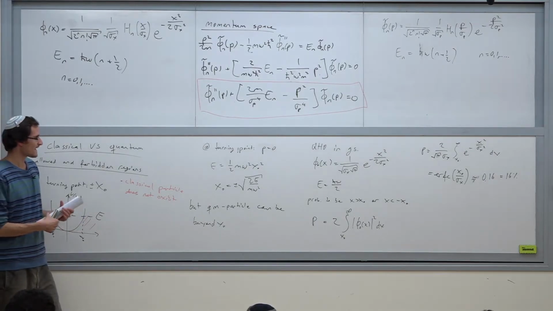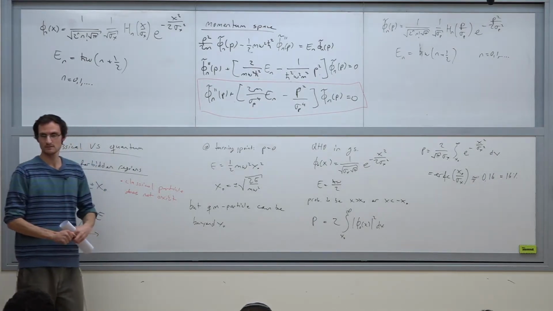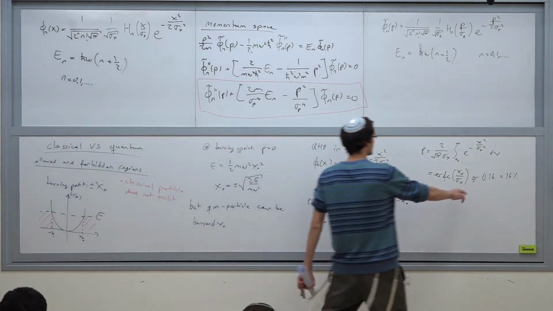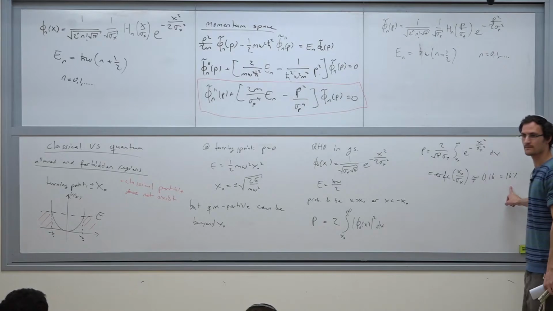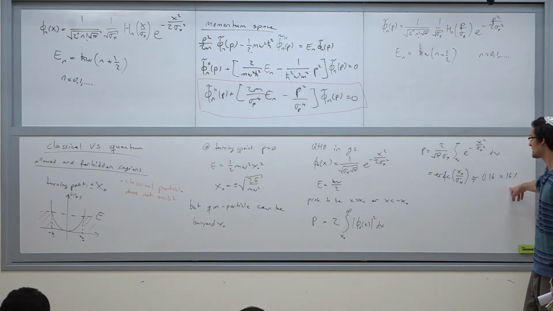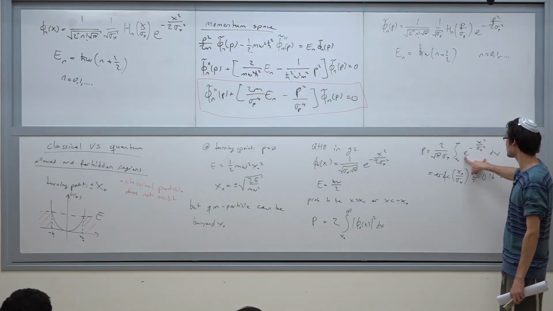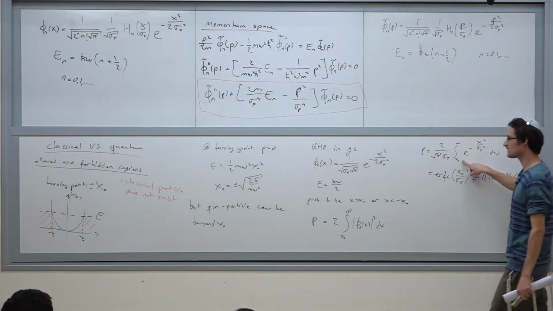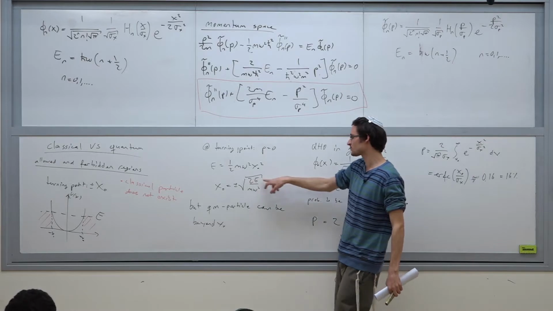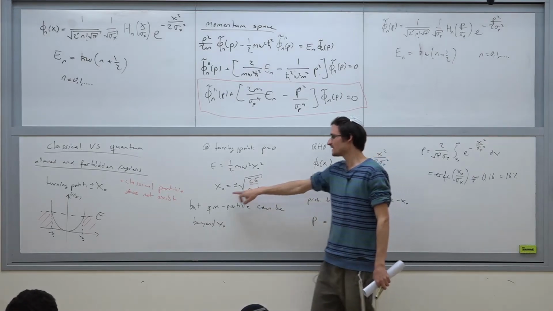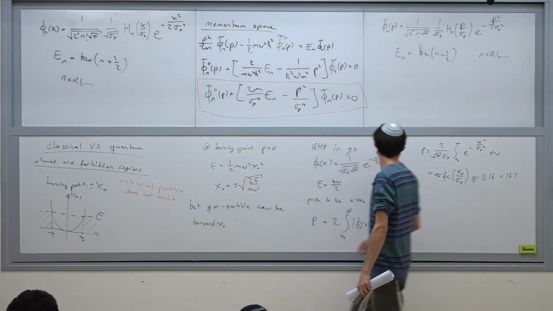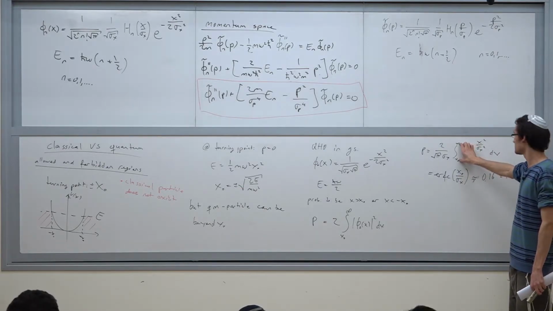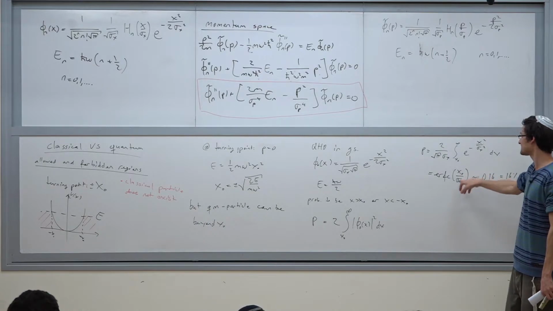Now note that as the energy increases, the probability gets lower. And why is that? Because we are integrating over a Gaussian from x0 to infinity. Now x0 is proportional to the root of E. So when E is larger, x0 is larger, which means I'm integrating over a smaller area. So this number becomes smaller as E becomes bigger.